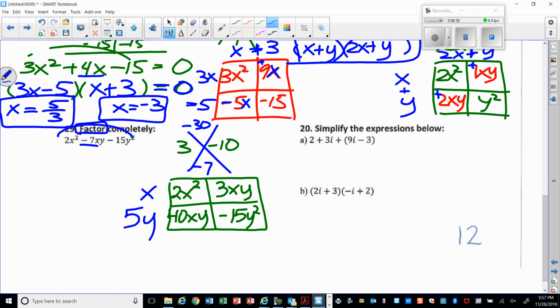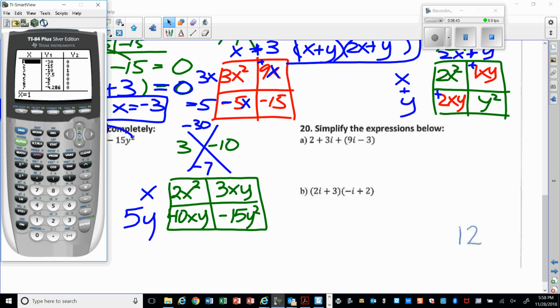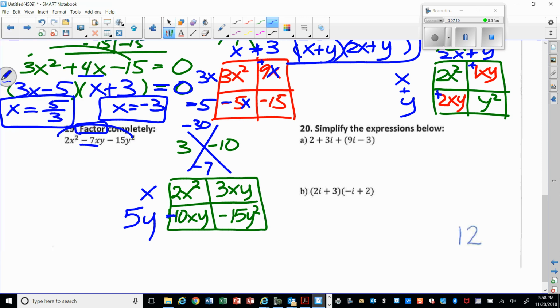If I do math, over to num, 9, 10, comma 15, the GCD there is 5. So I have a 5, and since this is a minus, that will be minus 5y. So that's my one factor, x minus 5y.